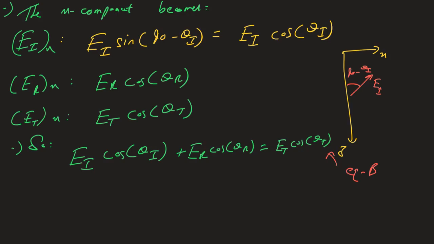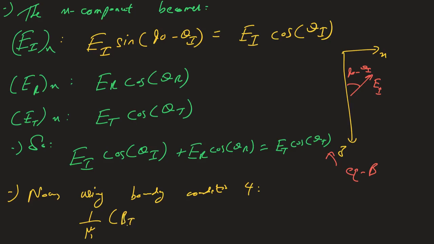And now using boundary condition 4. Boundary condition 4 was that 1 over mu 1 times B incident plus B reflected, their x and y components, is equal to 1 over mu 2 B transmitted x and y components.